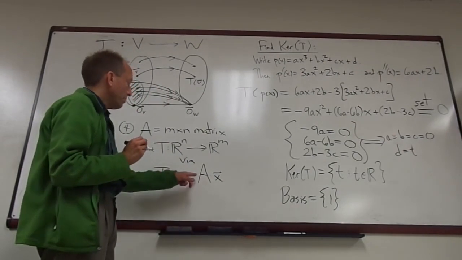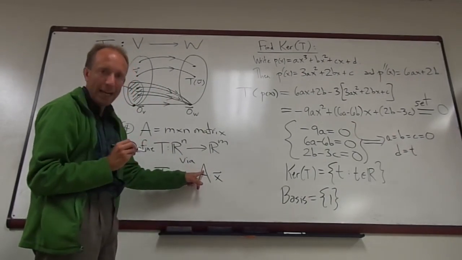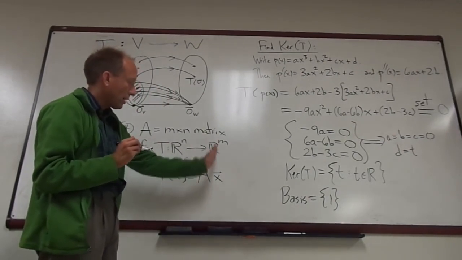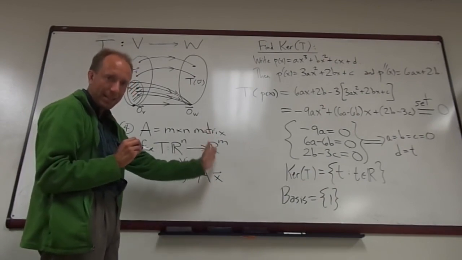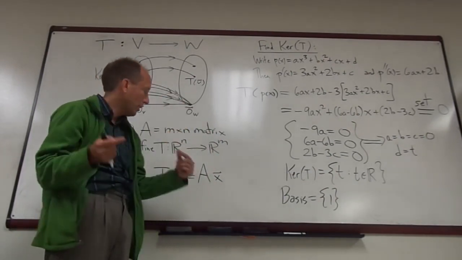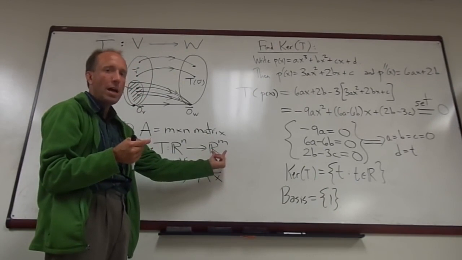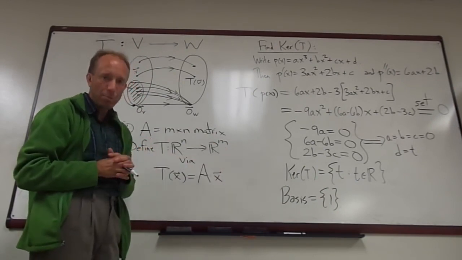Okay, so basically you take an m by n matrix, you put a column vector with n slots next to it, and you can do that multiplication and get a vector with m slots as an output.